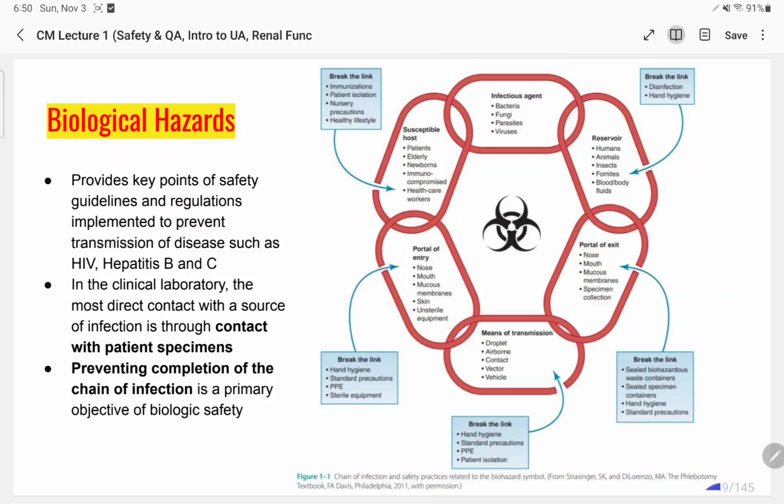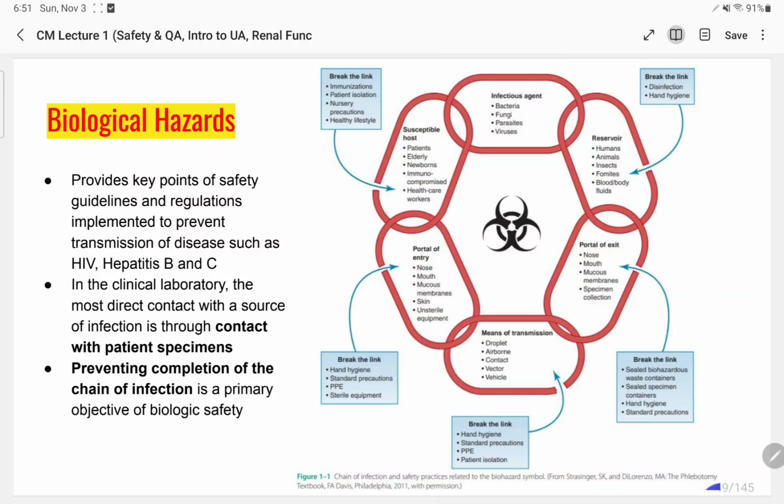So these diseases can be transmitted, especially as we are handling different types of specimens, and these specimens can harbor these pathogens and can be transmitted to us, whether via blood or secretions or aerosols. We will tackle that as we go on with the chain of infection.